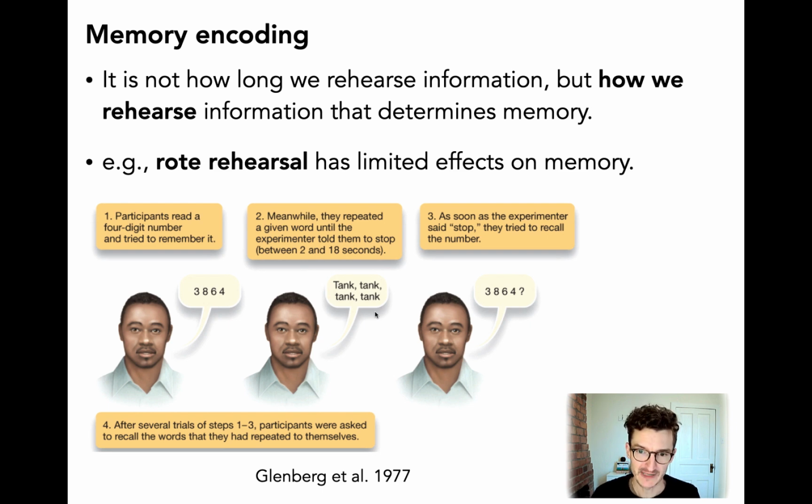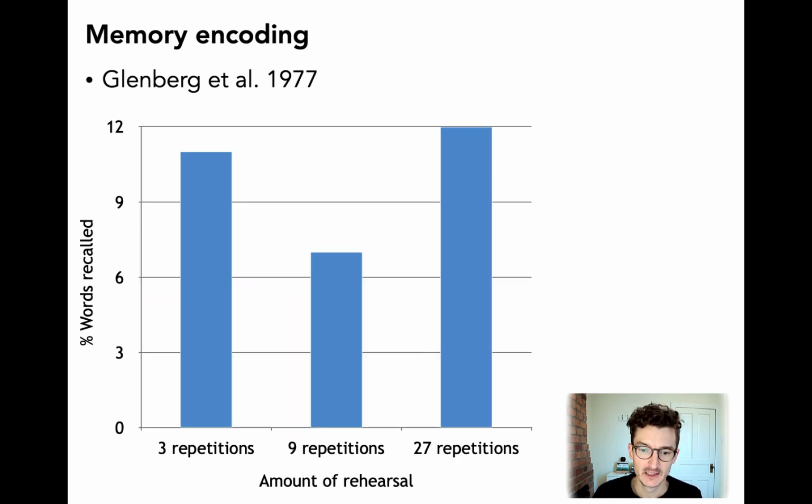Now, what the researchers were actually interested in was the recall of this word that they repeated over and over and over again. And what they found was that their recall wasn't impacted by the number of times they actually said that word. We can see this in this bar plot here. On the x-axis, we have the number of repetitions, 3, 9, 27.